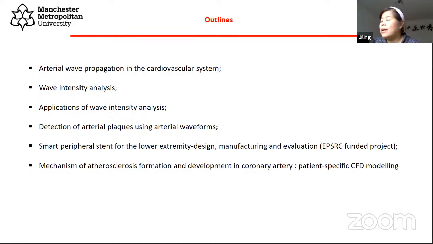It is a joint project with Loughborough University and the University of Birmingham. And I will talk about another project that uses CFD modeling to investigate the thermodynamics mechanism for atherosclerosis formation and development.